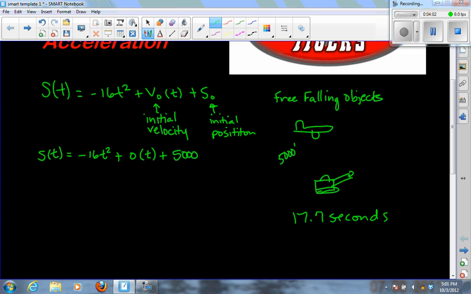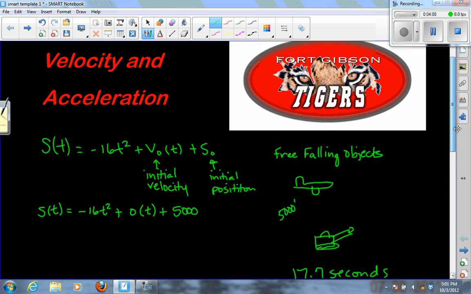And so, if I wanted to know what would the velocity be when the bomb's down here on the ground, it turns out that the rate at which a position changes, since a derivative is a rate of change, I'm going to take the derivative of position, which is actually called velocity. And now I have a velocity function if I just take the derivative of all this with the power rule. So this would be negative 32t plus 0 plus 0.